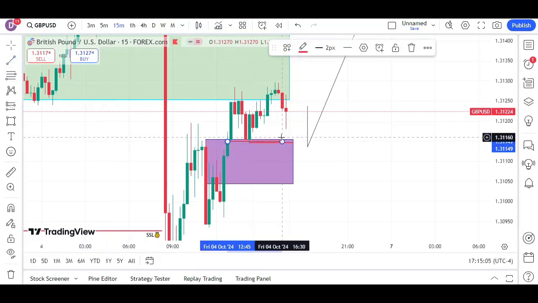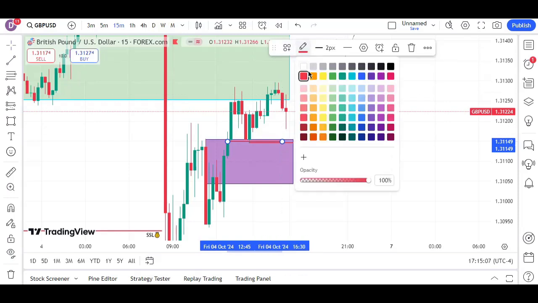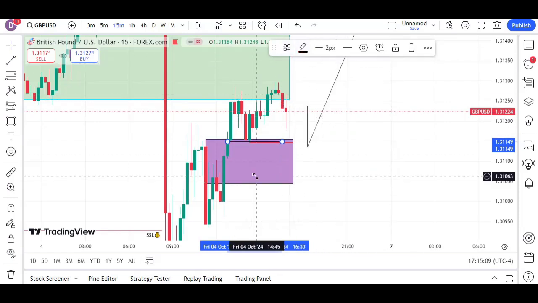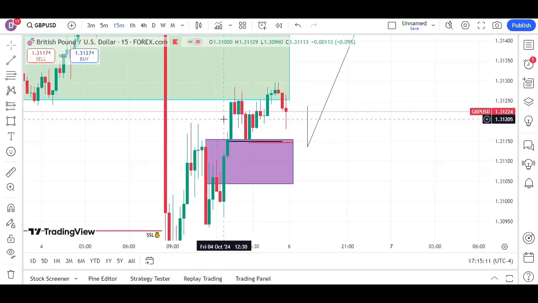Like I already explained, a fair value gap basically is when we have three candles, three bullish candles or three bearish candles, it doesn't matter.